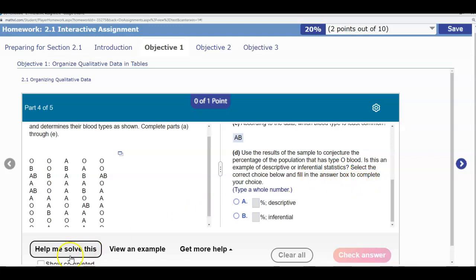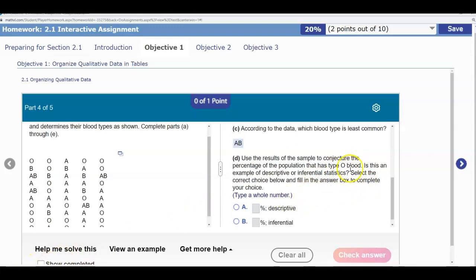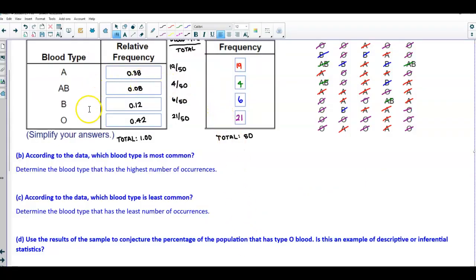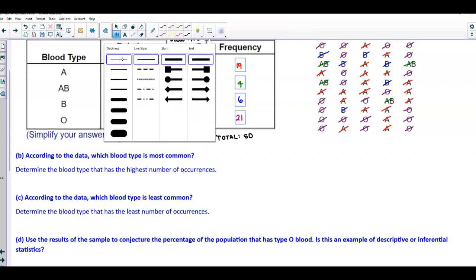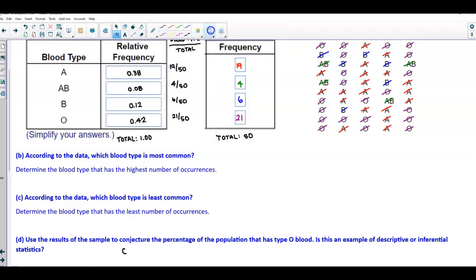Again, we're looking at blood type O, which has a decimal of 0.42. To convert that to a percentage, we multiply by 100%, which means we move the decimal place to the right twice, giving us 42%.